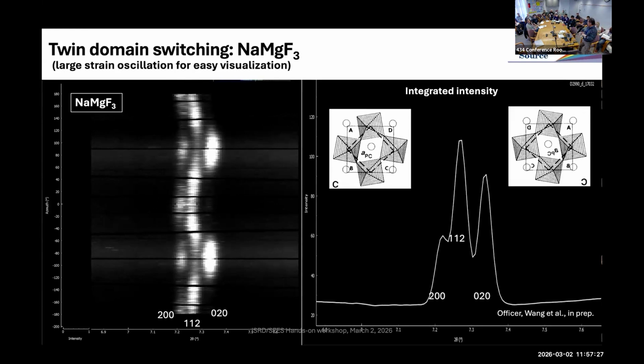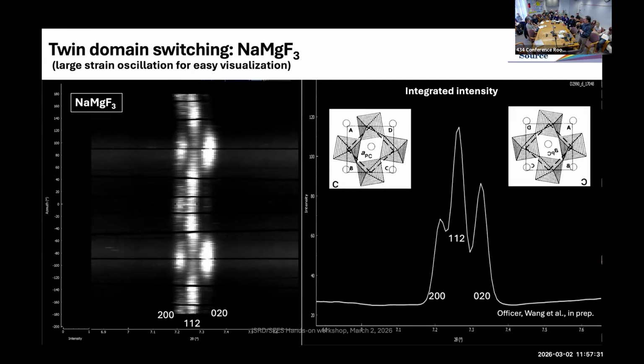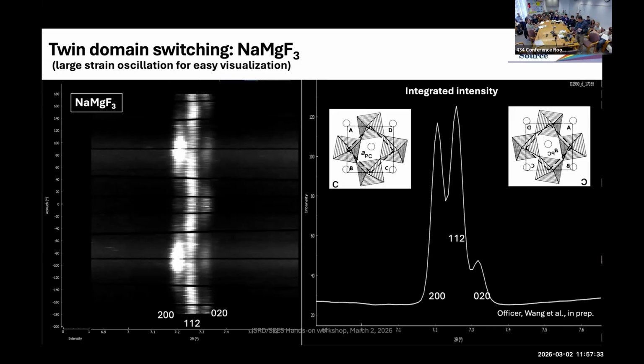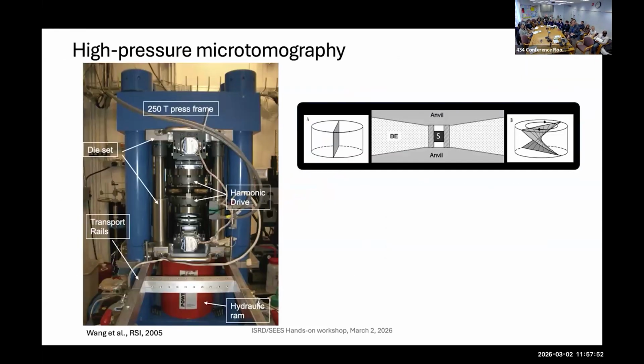And that generates hysteresis loops, which is the energy consumed during this kind of wave propagation. So here's one example that we obtained at ESRF beamlines. You can actually measure the hysteresis loop in this material. So there are a lot of potential applications of this kind of experiment.